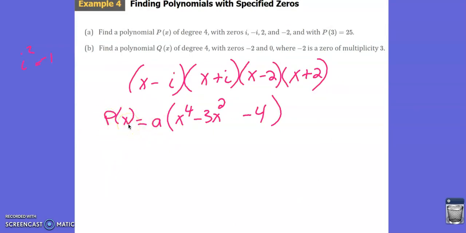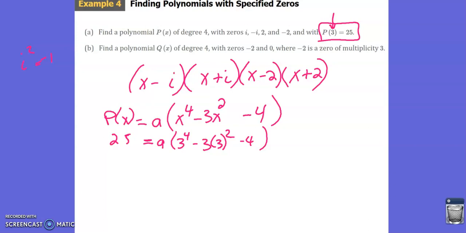Notice they give us another piece of information: p of 3 equals 25. So when I substitute 3 in for x, 3 to the 4th minus 3 times 3 squared minus 4, times a, and notice it equals 25.